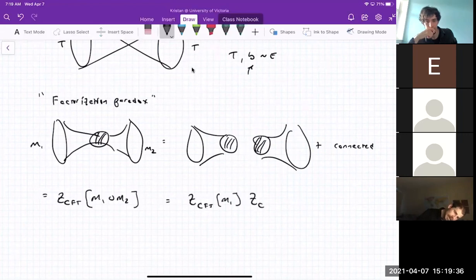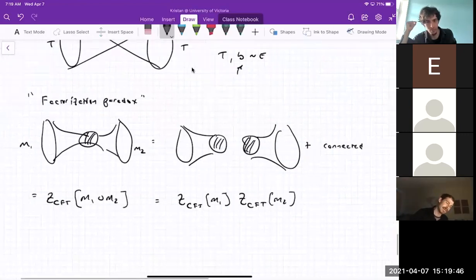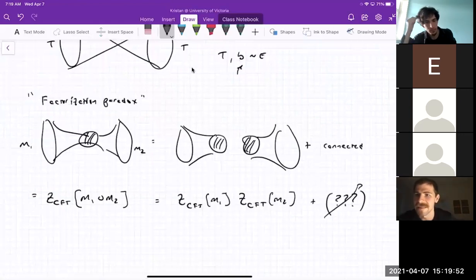which is this, except that for a local conformal field theory, the partition function factorizes. And therefore, those extra contributions, the connected things, better add up exactly to 0. Except here we have a saddle point, an exotic saddle point, but still a saddle point contribution to the connected part.